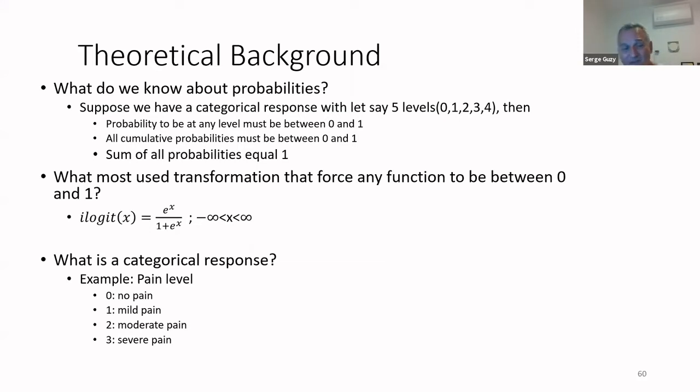Then in order to model the probability to get any of the pain level, I need to remember what a probability is, what are the constraints that I have in a probability space, and what should be the strategy to build a probabilistic model when you have categorical response. Okay, that's what we need to do.